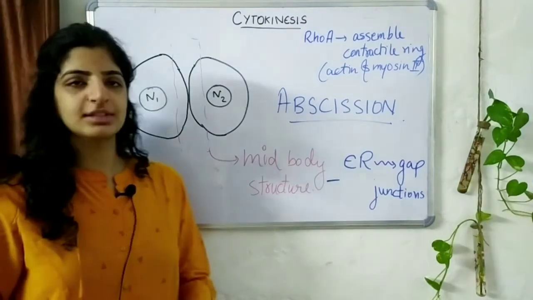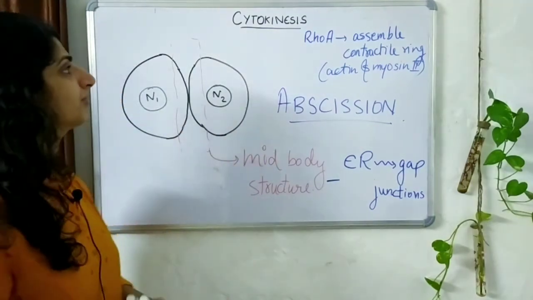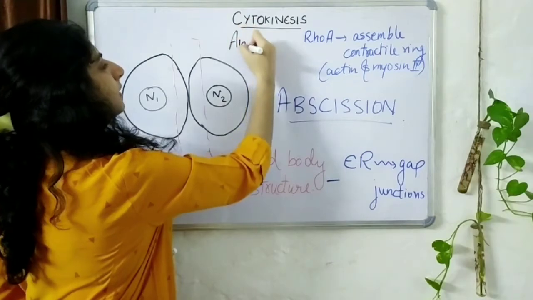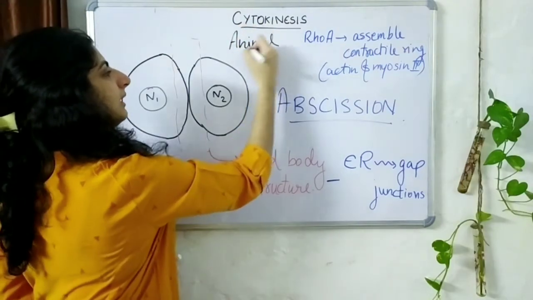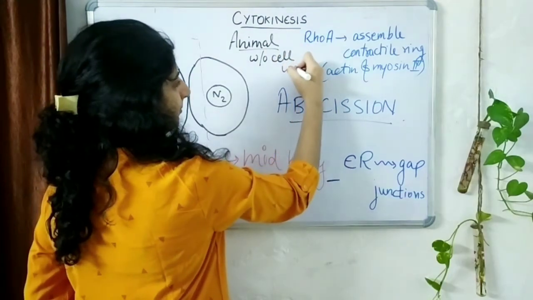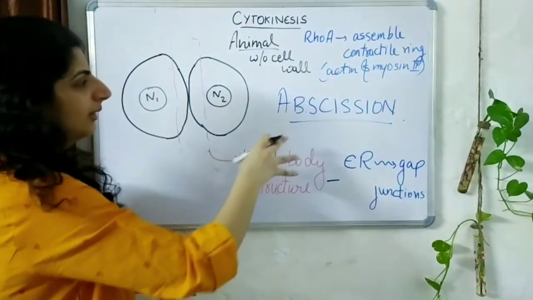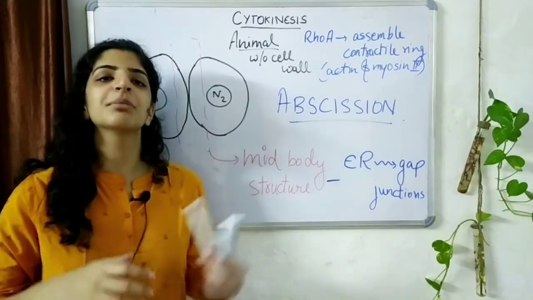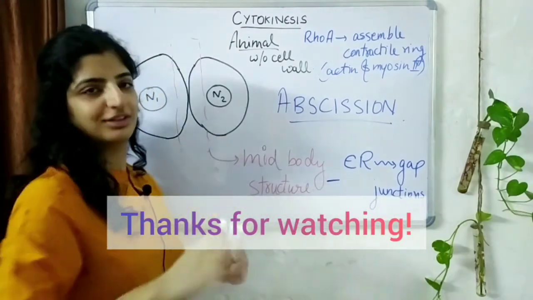This was the process of cytokinesis in an animal cell, that is, a cell without a cell wall. Now let's look at cytokinesis in a plant cell and how it is different from this cell.